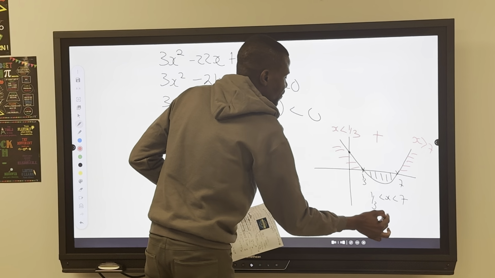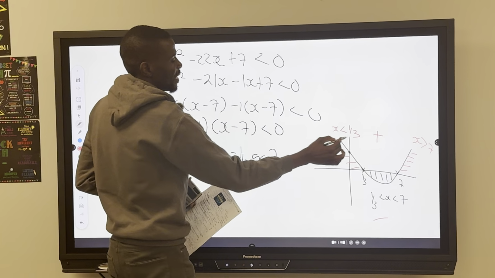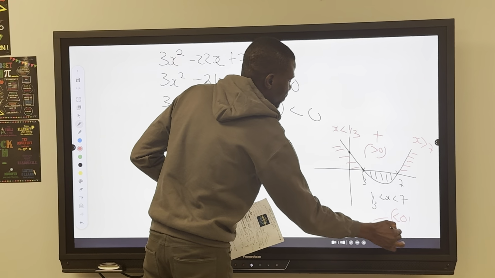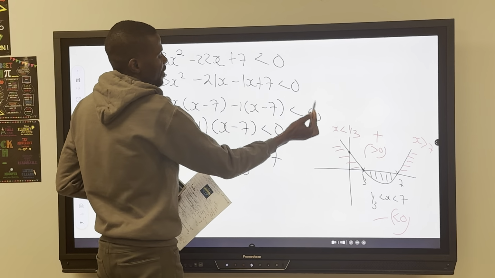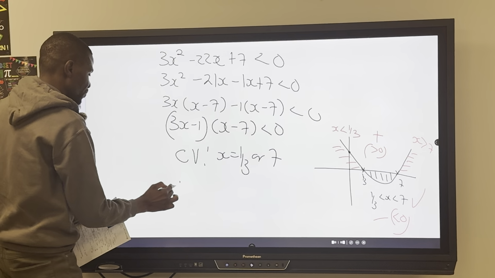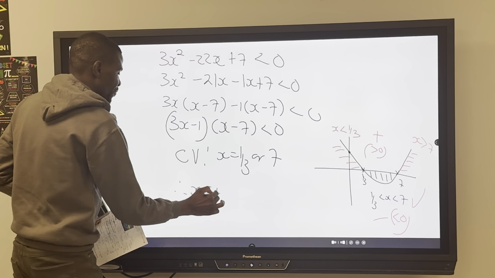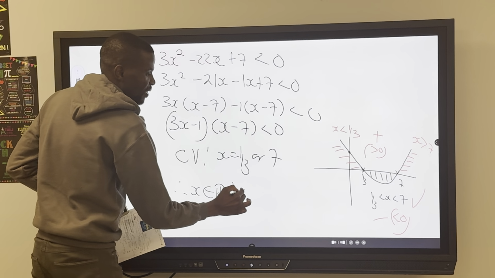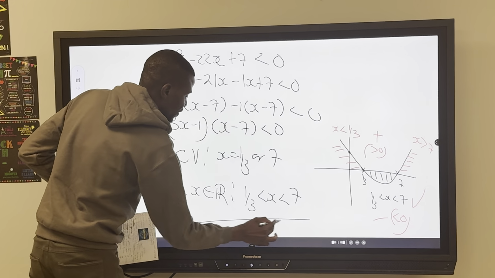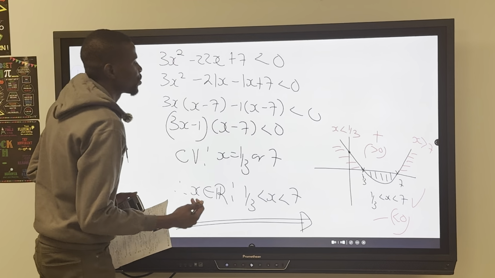This is positive, that's negative. We wanted less than 0, so that's our answer choice. Therefore x is an element of real numbers such that 1 over 3 is less than x is less than 7. So this was our solution.